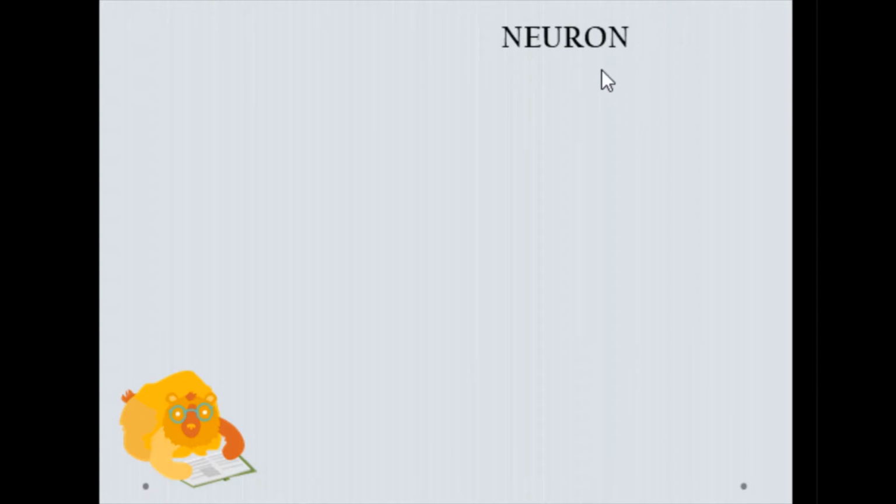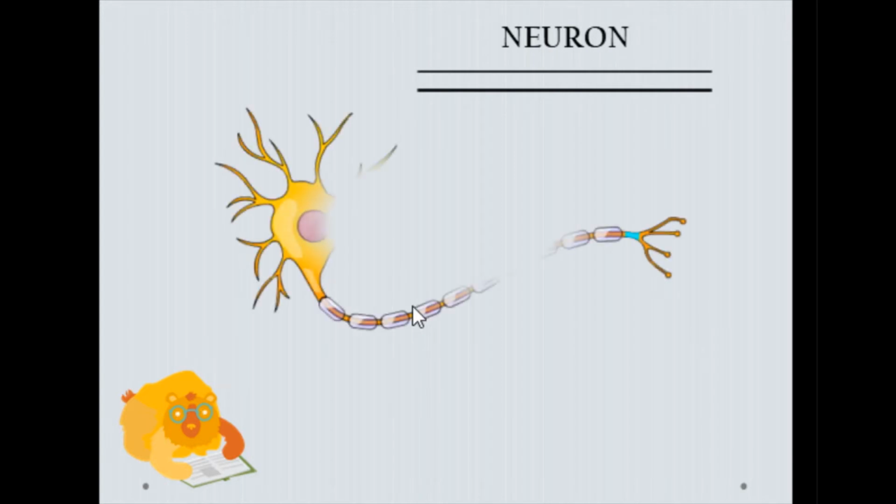Neuron. The neuron is the most important cell that functions inside the nervous system. Our system is composed of a billion number of neurons inside the body. This is how our neuron looks like.